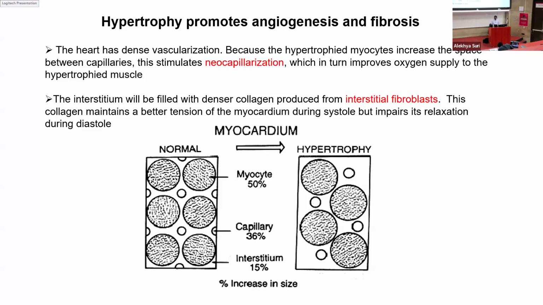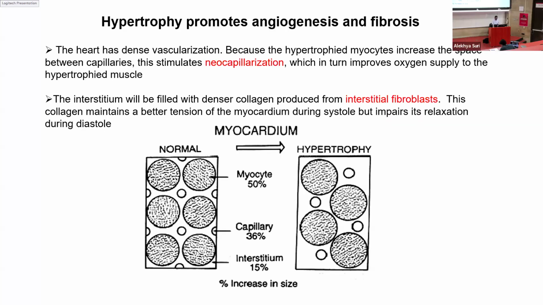Collagen gives better tension to the myocardium, so it enhances the muscle contraction, but the collagen cannot relax like a myocyte. Because of that, you will see improved contraction during the initial phase of myocardial hypertrophy. But if it continues, you will see improper relaxation causing a diastolic dysfunction. So this is one of the mechanisms for heart failure in pathological conditions.